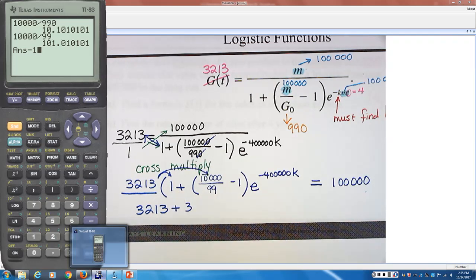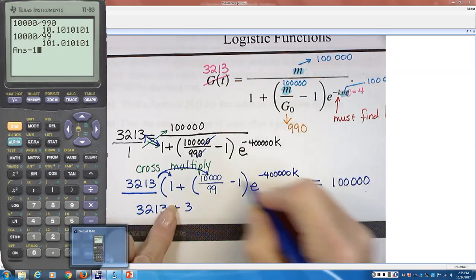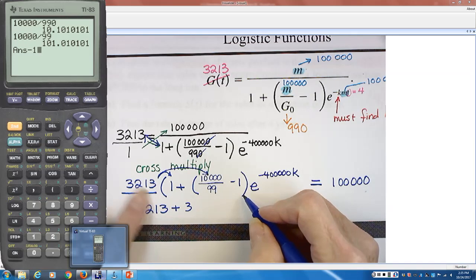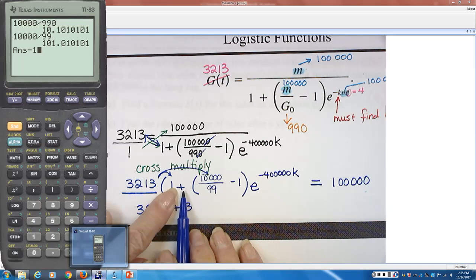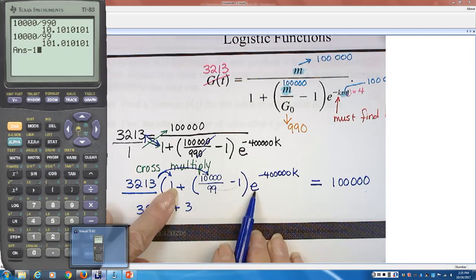Well, let me think about that for a minute. Oh, I got you. Yeah, you can't because actually this whole thing, let me go back to my, this is all the coefficient of e, so yeah, I have to keep that separately.